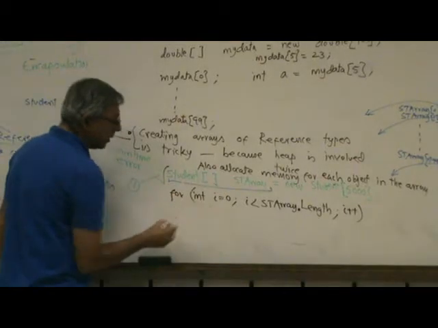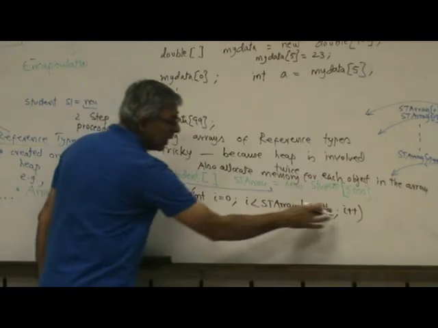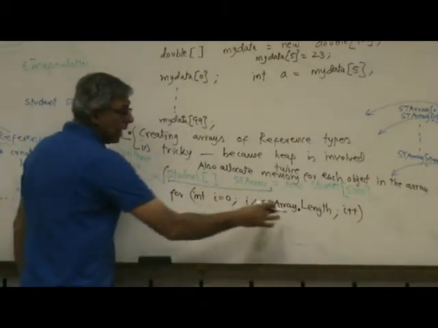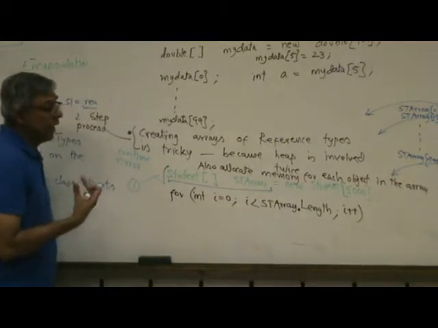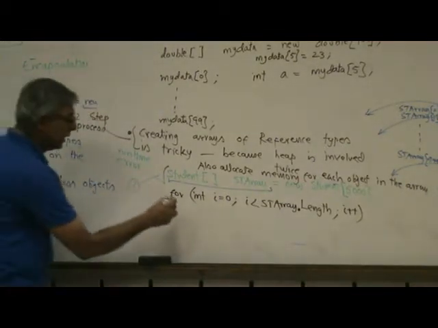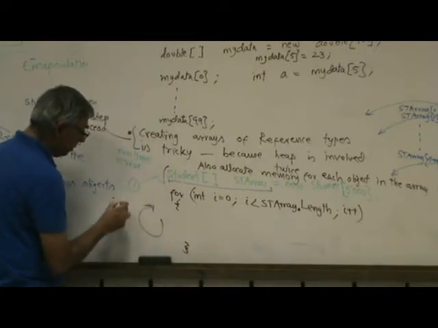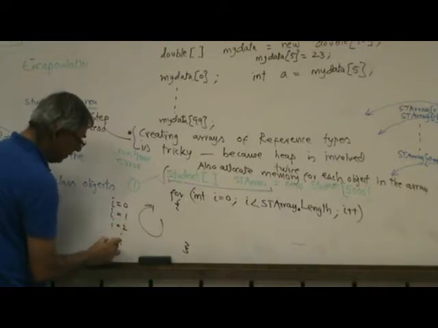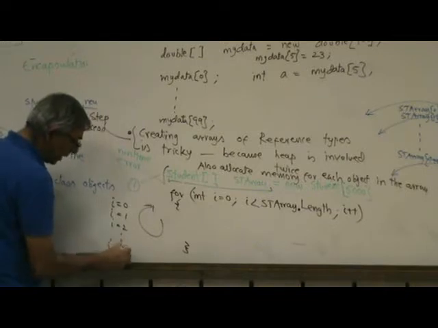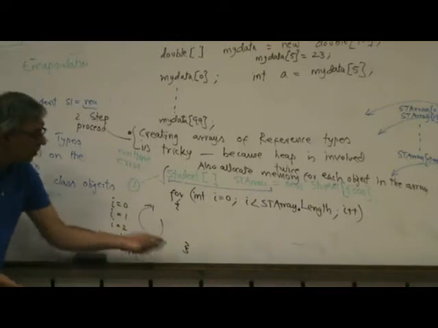So the loop will start with I of 0. Every time it will increment I by 1 until I is no longer less than length, which is 5,000. So basically this will go 5,000 times through it. First time I will be 0, then I will be 1, then I will be 2. Very last time I will be 4,999. And then it will get out of this loop.